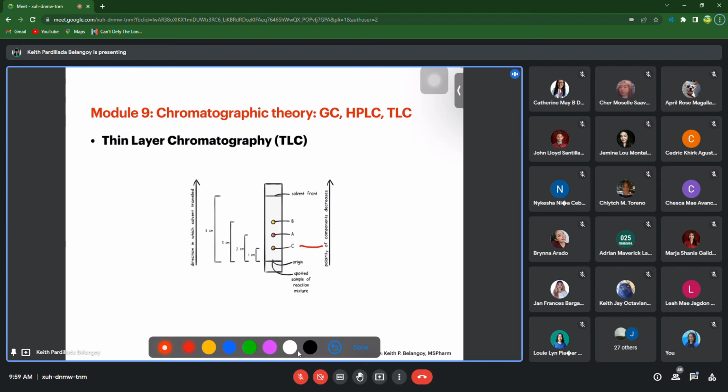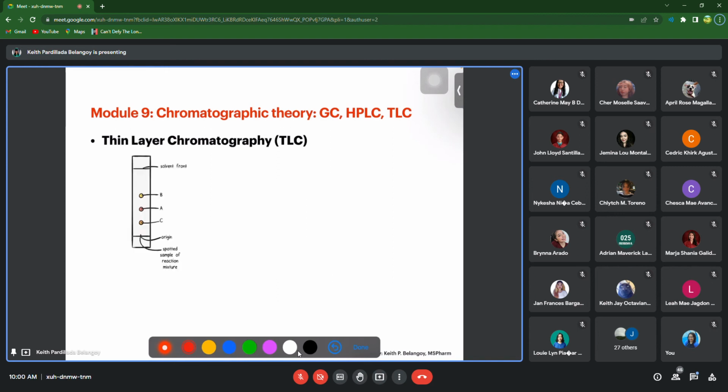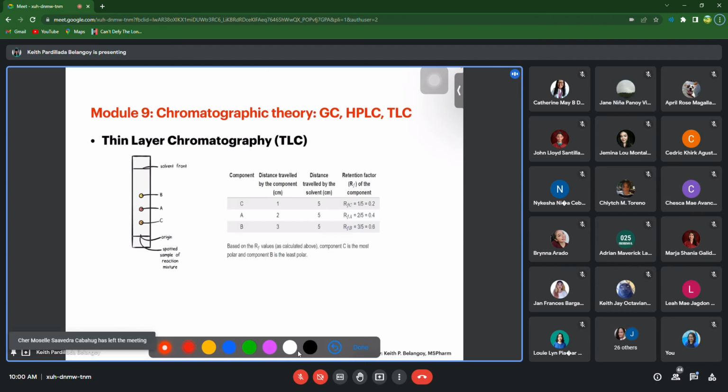As you can read in here, polarity of the components decreases when it travels further. So your spot C traveled 1 centimeter and the RF value is 0.2. And for your spot A, the retention factor is 0.4. And the one that traveled the farthest has the biggest retention factor.